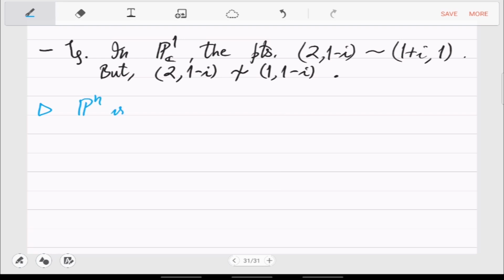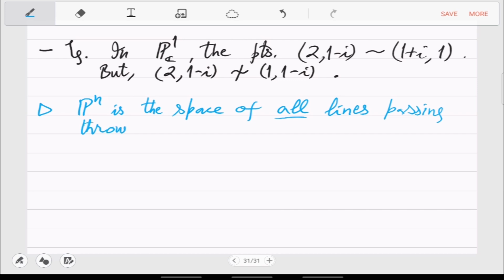So P raised to n is the space of all lines passing through a fixed point in the bigger affine space.